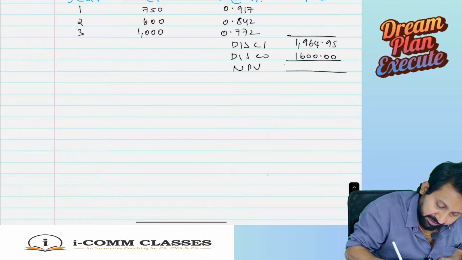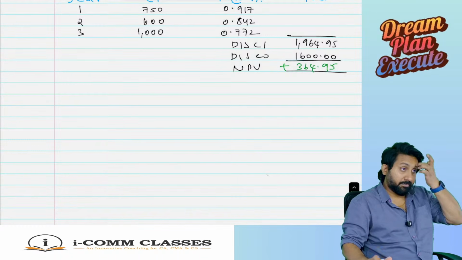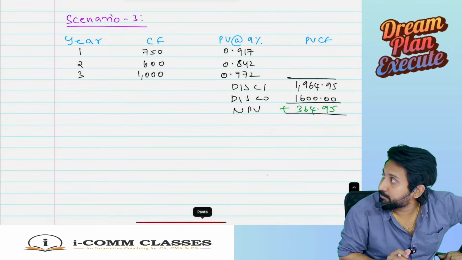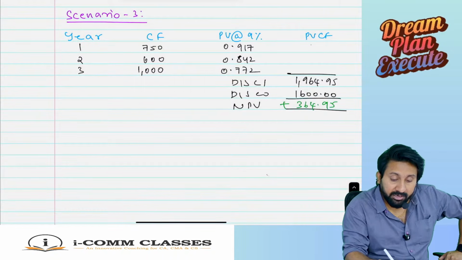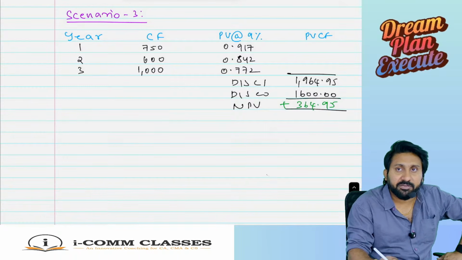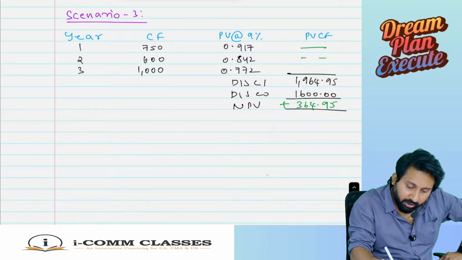The total is $1964.95. So NPV is 364.95. Examiner, don't leave spaces like this. For classroom purposes, for speed of computation, we are doing it like this, directly M plus. Examiner, you should write all these separately.